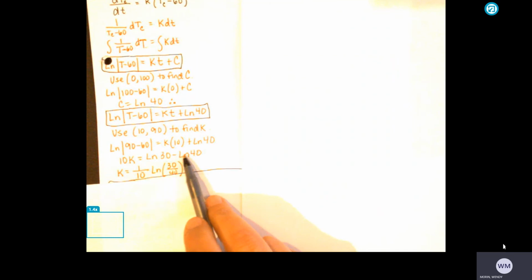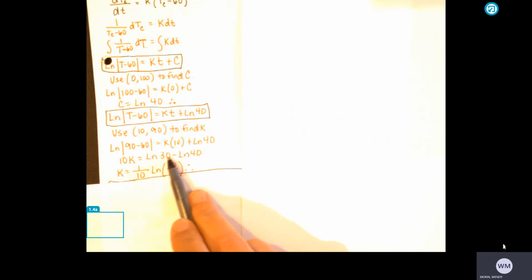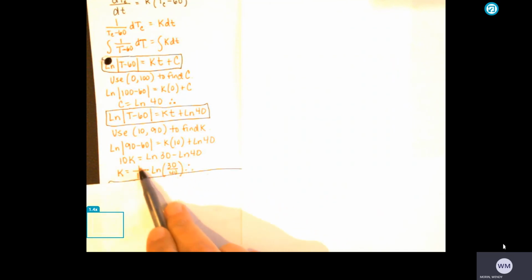Don't divide the natural logs, you divide the value 30 divided by 40 and divide both sides by 10. So there's my k. So when I put it all together, back to my original, I have the natural log of the absolute value of the temperature minus 60 equals k times t. Here's my k. I could also put the 1/10 up here if I wanted to.